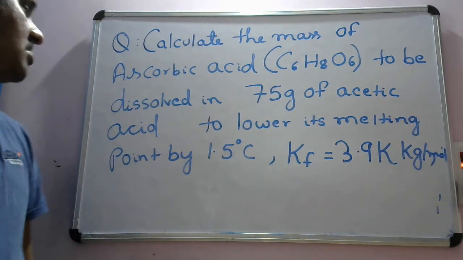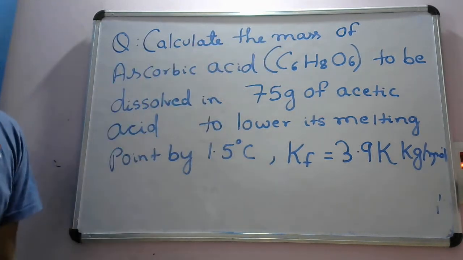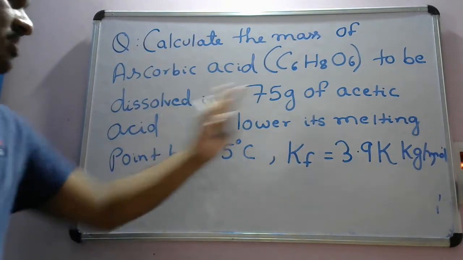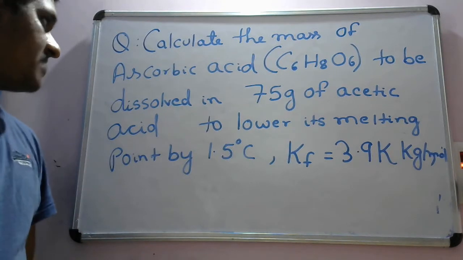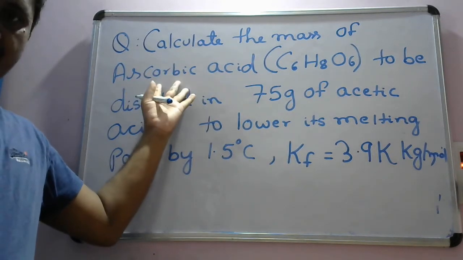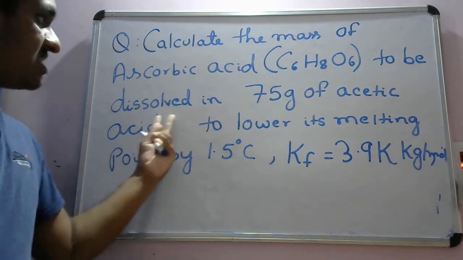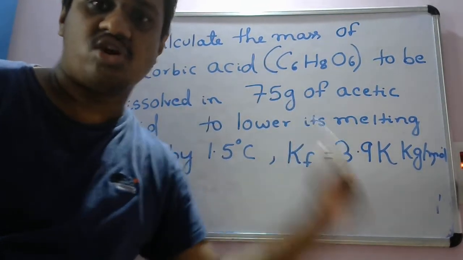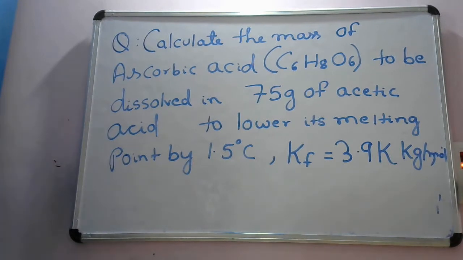So we have to find the mass of ascorbic acid, and this ascorbic acid is dissolved in what? Acetic acid. Means ascorbic acid is our solute. It is mentioned to be dissolved in acetic acid, means acetic acid is our solvent, and mass of solvent is given to us.